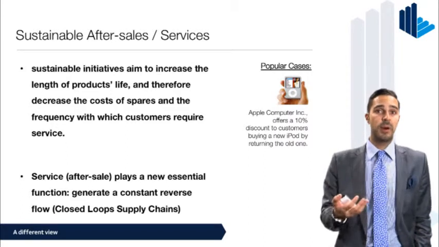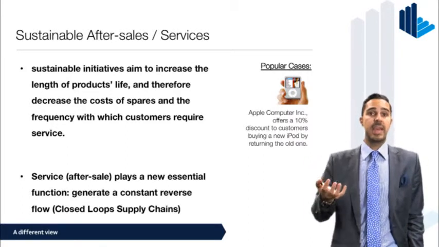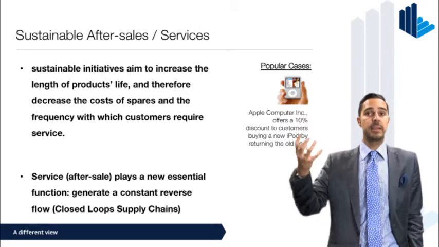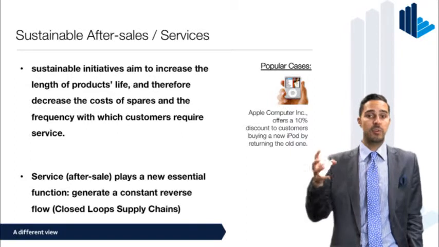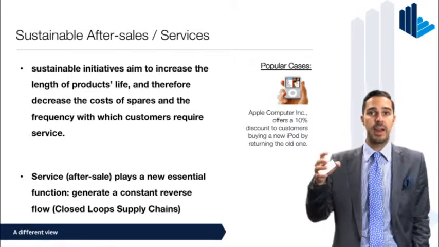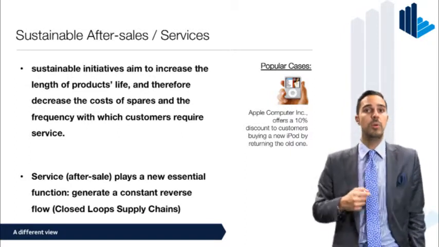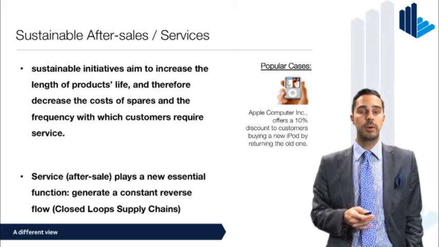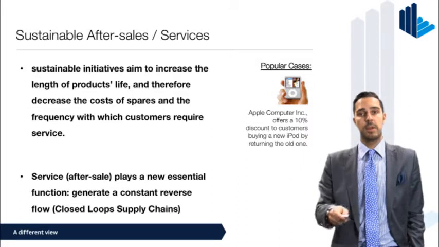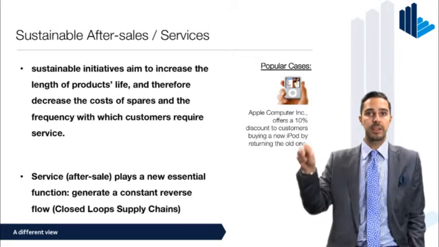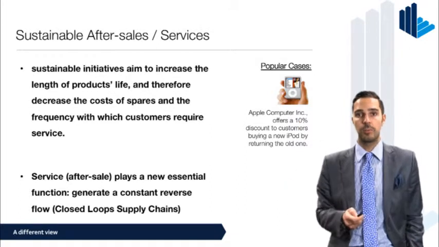What happens at that point is that they disassemble the old iPod, they recover the materials, and most of these materials are reused to manufacture new iPods. So you see how the reverse supply chain works, creating a loop, a closed loop supply chain.